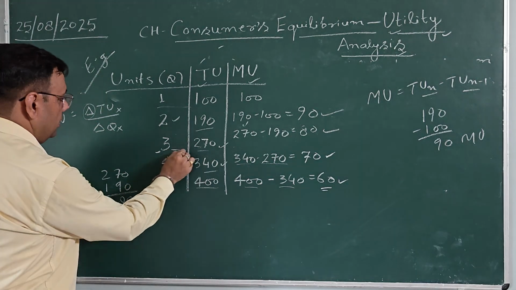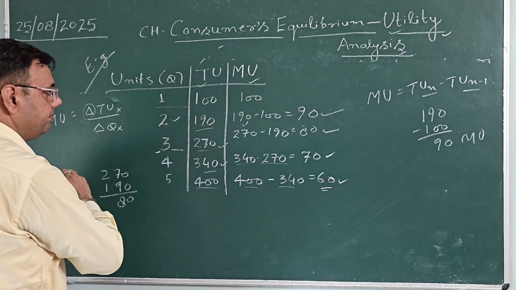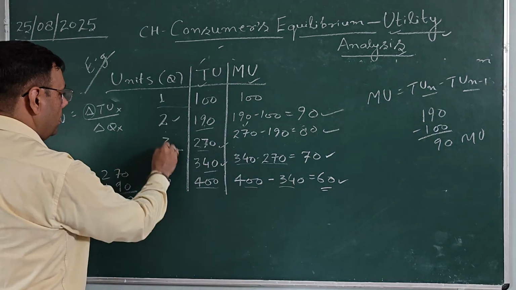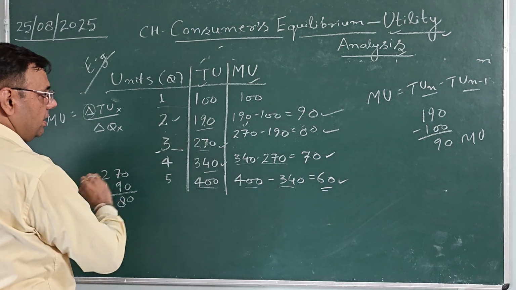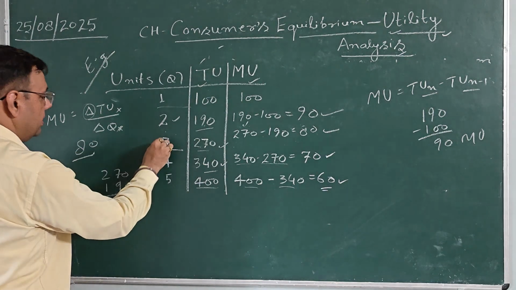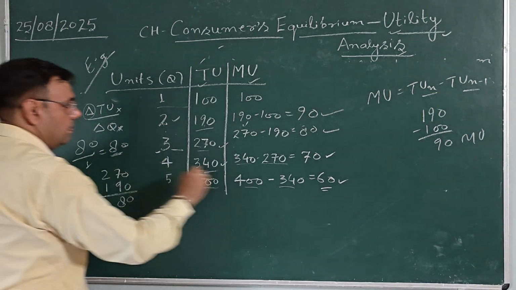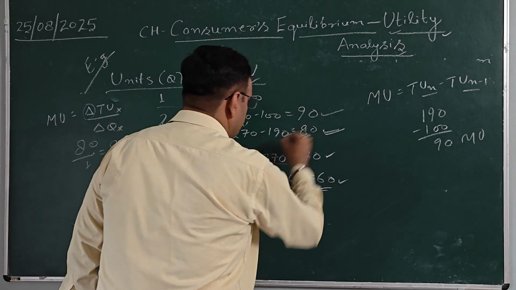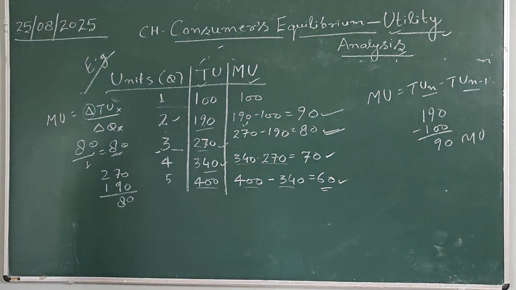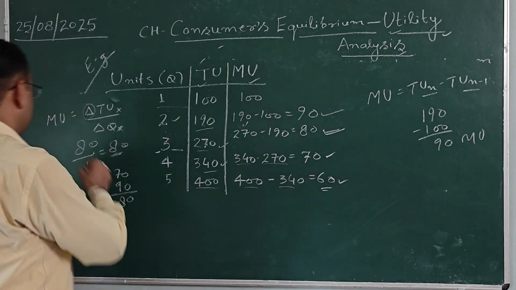So at the third level, 270 minus 190, the difference is 80. And units 3 minus 2 is 1, so the answer is 80. So with both formulas, we find out the value of marginal utility.